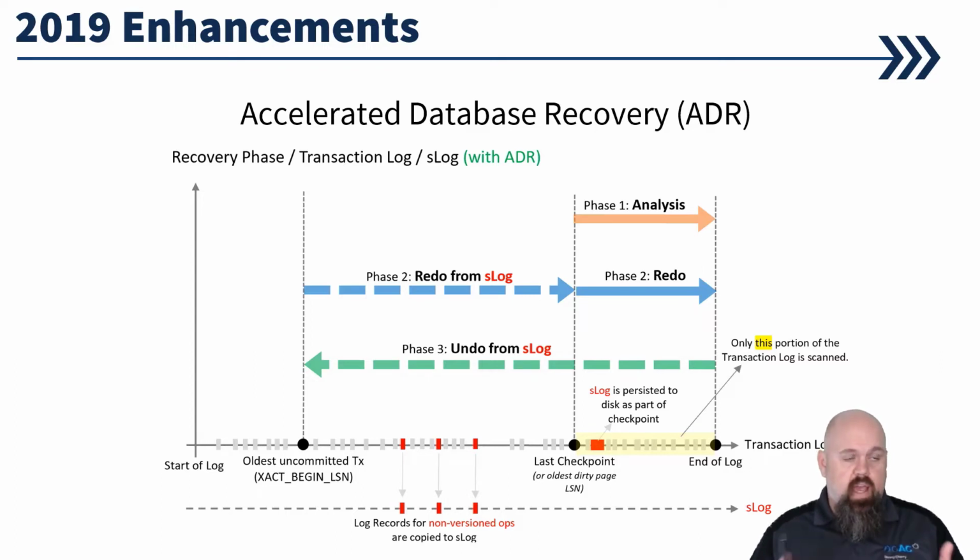In versions prior to 2019, that rollback would take as long as it took you to get to the point where you canceled the operation, and probably a little bit more. If it was running for 12 hours, you're looking at least 12 hours to roll back, because it has to undo all the work it did. It's probably going to be a little bit more than 12 hours, but you get the concept.